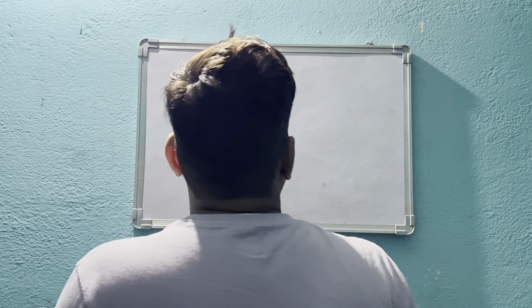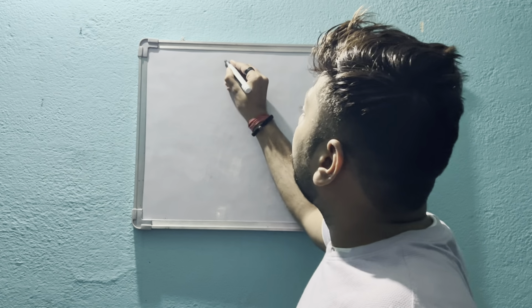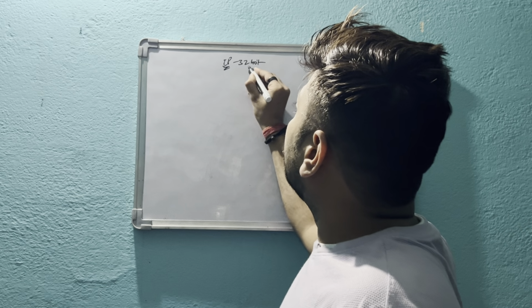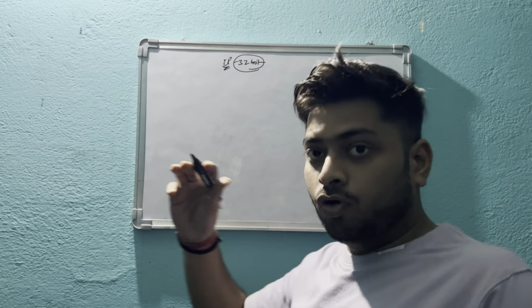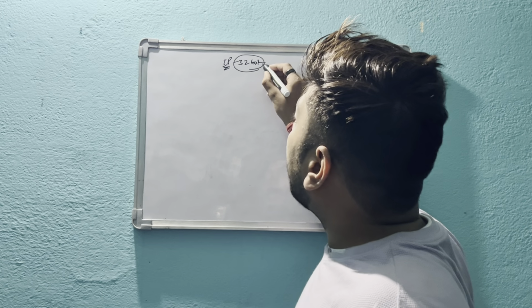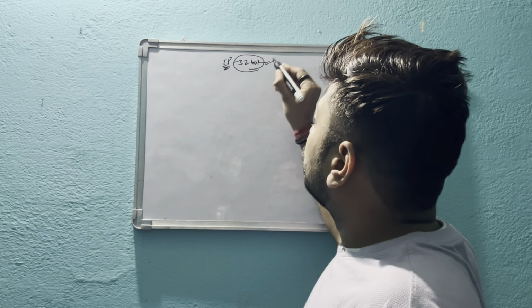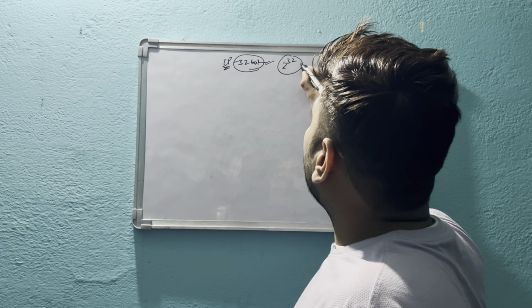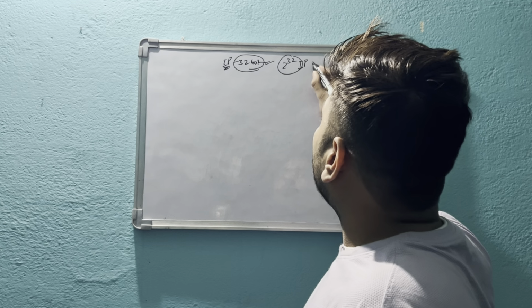We have a standard that IPs are of 32 bits. So anywhere you go in the world, everywhere the IP is of 32 bits. So we can at max make 2 to the power 32 IPs only.